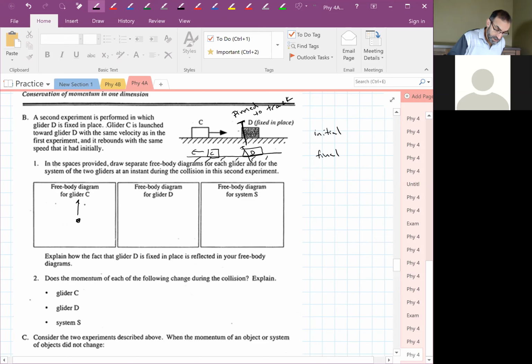So C looks the same. D has another force now, right?